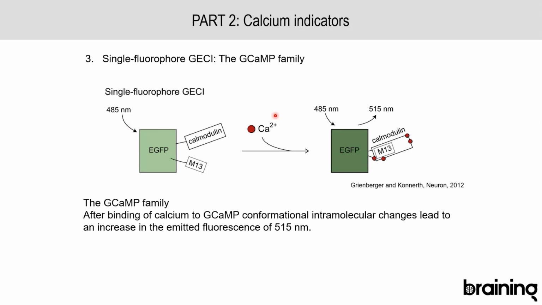When the calcium binds to this protein, there is some conformational intramolecular change that leads to an increase in the emitted fluorescence at 515 nanometers. So this is a direct measurement of the calcium increase that we have inside the cells.